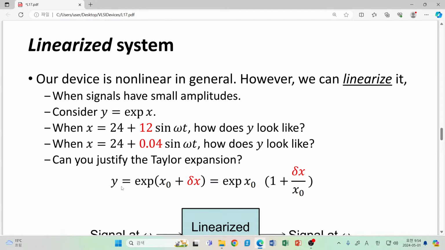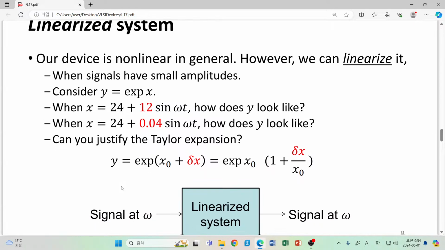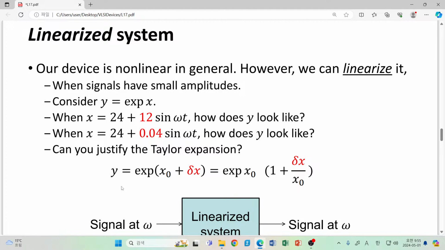Okay, linearized system. Think about this one. Our device, for example, a PN junction or MOSFET, is in general nonlinear. Nonlinear means that here we have an input and output variable.